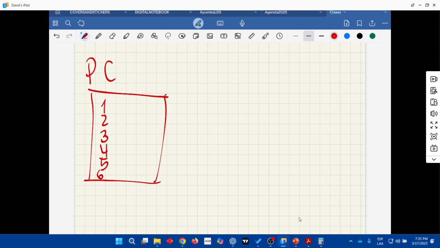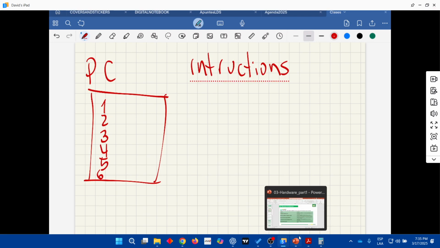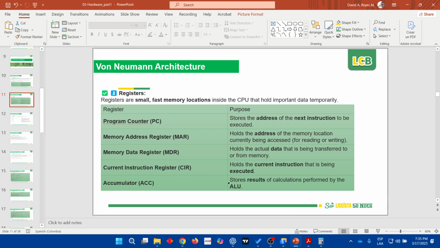You say, to get inside the party, you are going to make a line. You are the first in the line, so get inside. You are the second, so you get inside. That means that the program counter holds the order of the instructions to be executed. That is the purpose of the program counter.